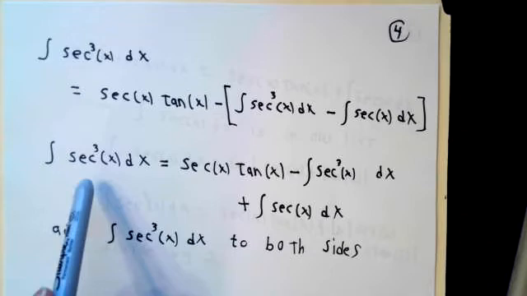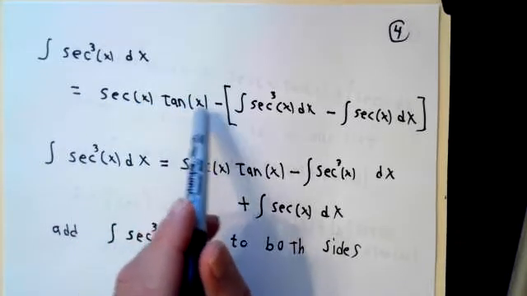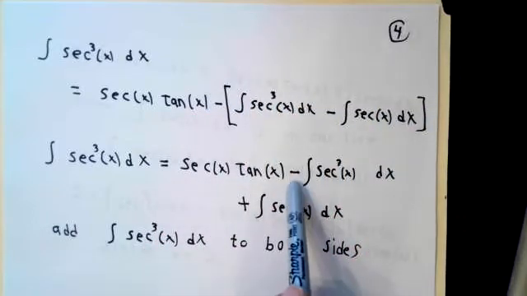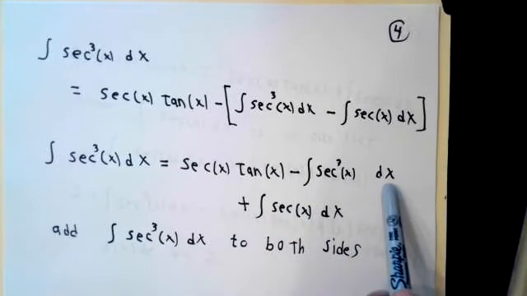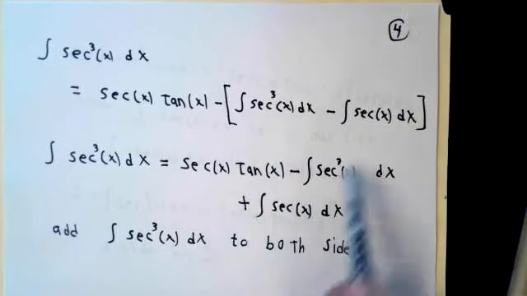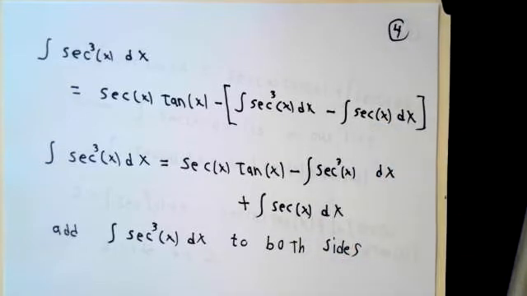The thing that I'm looking for, integral secant cubed x dx, is secant x tangent x minus this stuff, minus the integral of secant cubed x dx, minus is plus integral of secant x dx. That step doesn't have any calculus in it, it's just algebra.